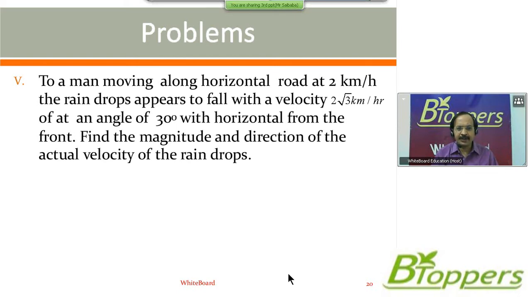Find the magnitude and direction of the actual velocity of the raindrops. You can try this problem yourself first. If you want, you can take a pause and try this problem.